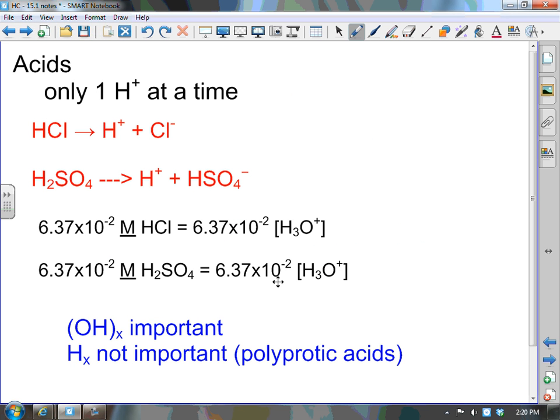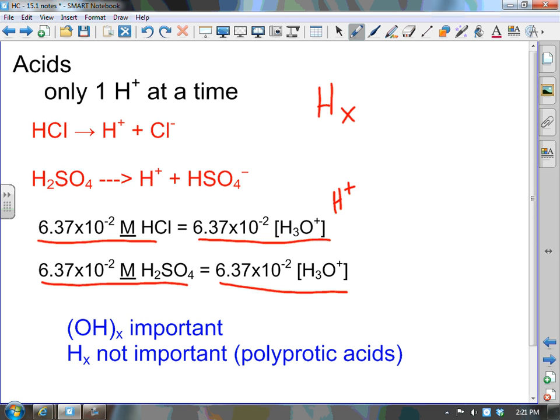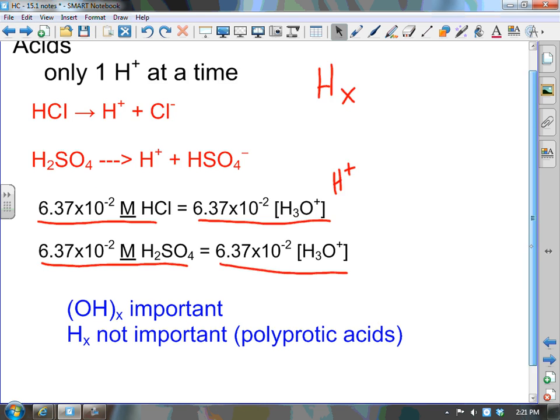Acids are different. Remember, acids, we learned this in the last chapter, they're only going to break off one at a time. So we don't have to worry about that subscript. It doesn't matter. So if this is the molarity of HCl, then that's the molarity of H3O, or hydrogen ions. If this is the molarity of H2SO4, then that's the molarity of H3O, or again, H+.